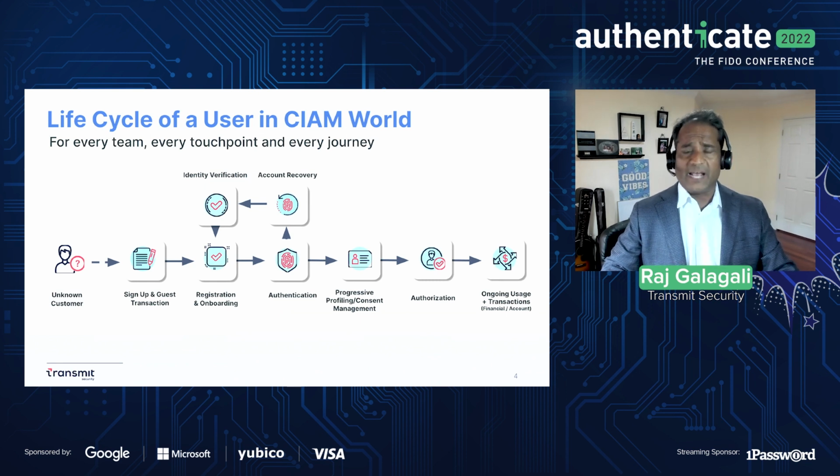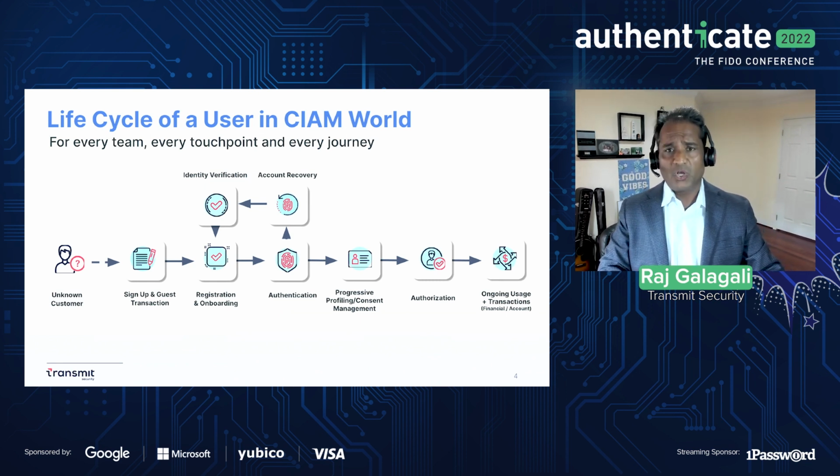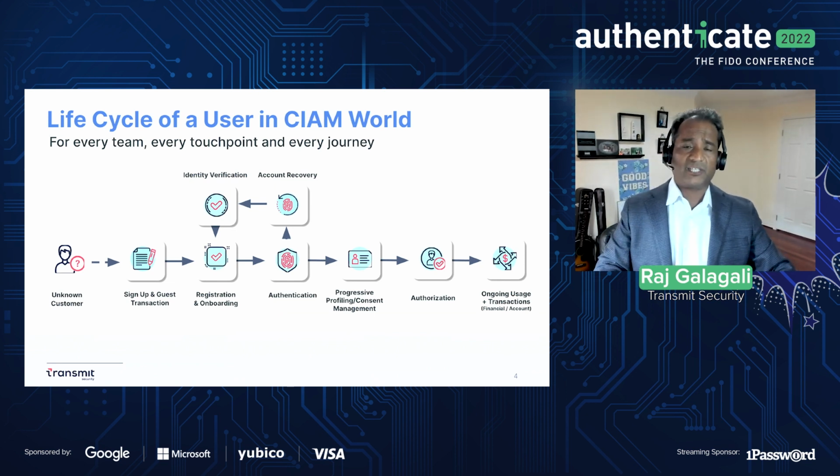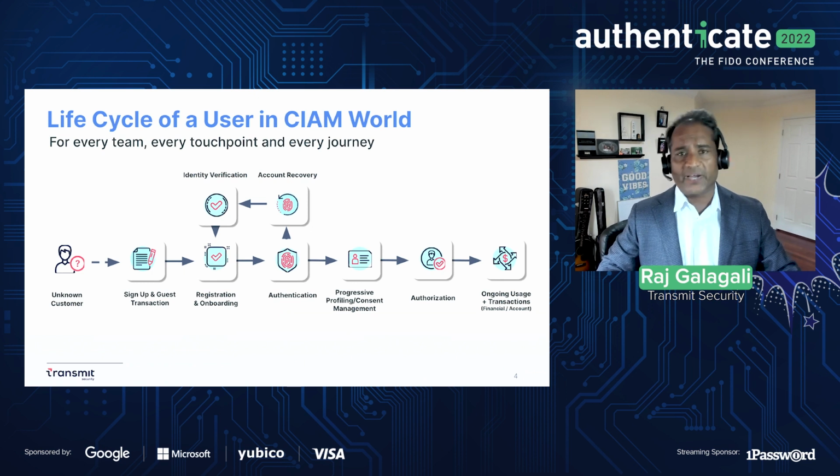It could be as simple as changing their profile or changing their consent management. If it is a financial application, they may want to go and conduct some financial transactions. So the entire life cycle of these two types of users within an enterprise journey is where we come in and share our experience as to how you can deliver the best experience without compromising on security.